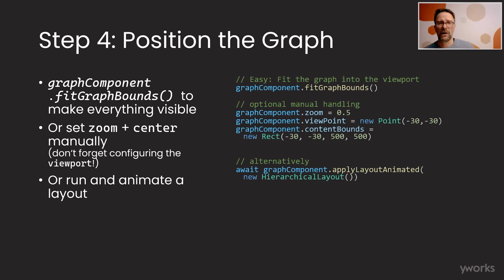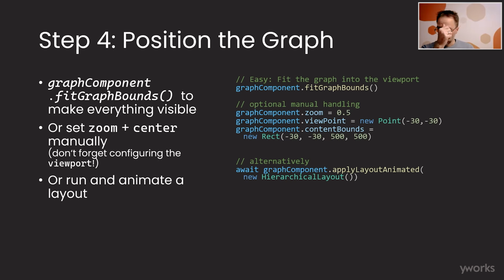You can also do this manually if you want to. You simply specify the zoom value, which is basically the scaling of the graph on the screen, and the viewpoint, which is the location that you want to have at the top left of your graph component in the graph coordinate system.